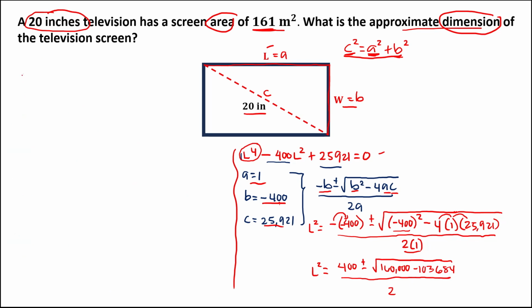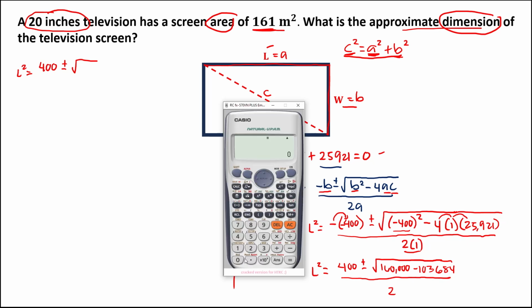Then to simplify, we have L to the power 2 equals 400 plus minus the square root of 160,000 minus 103,684.